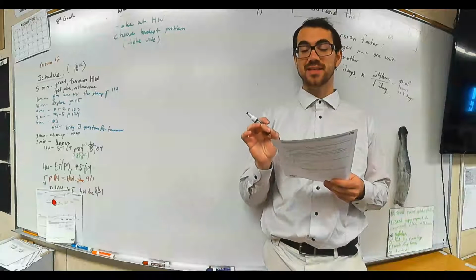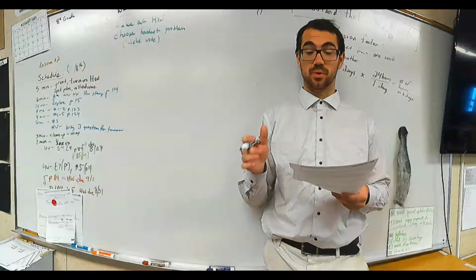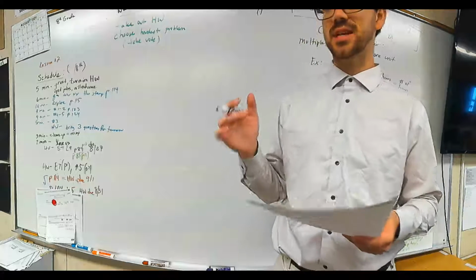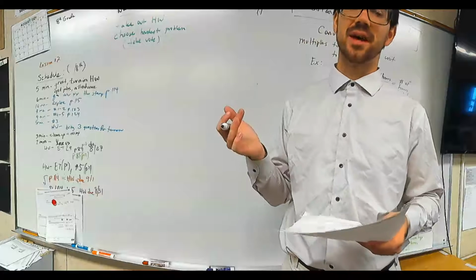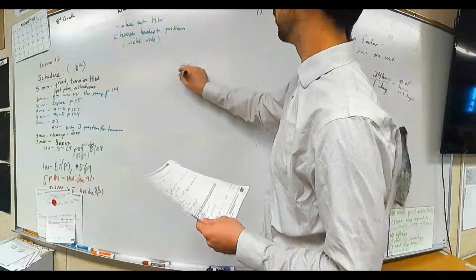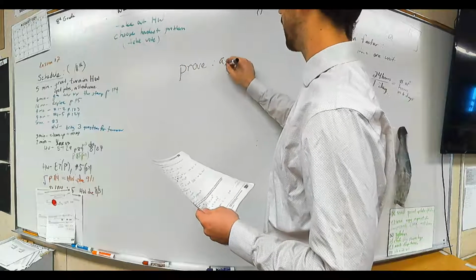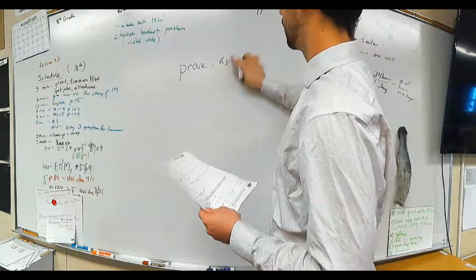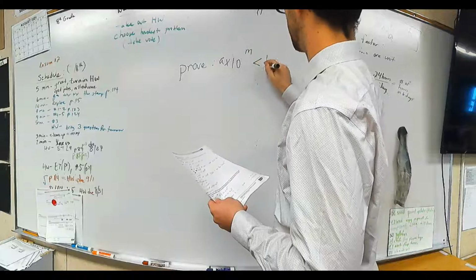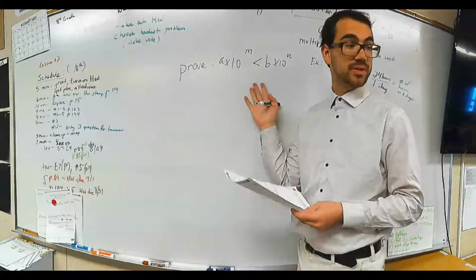If m is less than n, then, and this is what I want you to prove, that A times 10 to the power of m is less than B times 10 to the power of n. Okay, so let's prove this statement right here. That A times 10 to the power of m is less than B times 10 to the power of n. Okay, we're going to prove this statement right here.